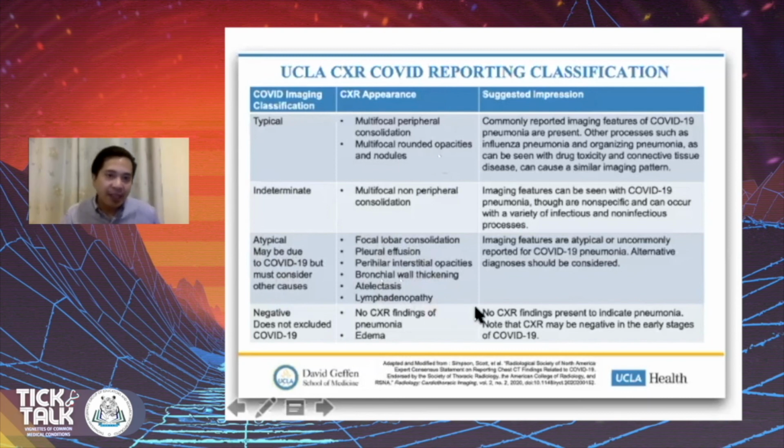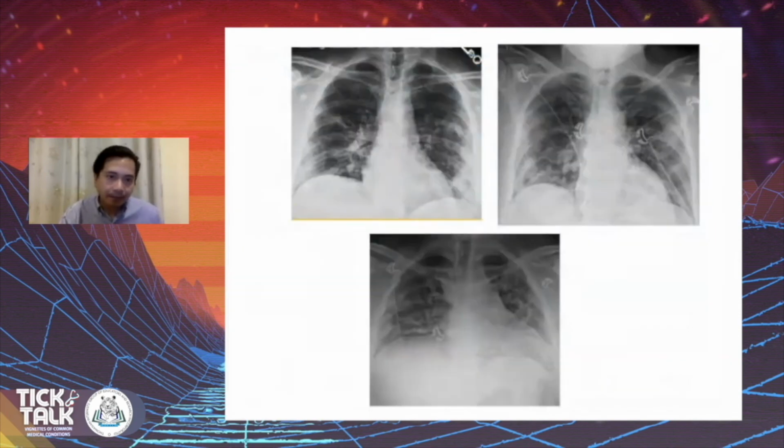But I'm not saying that this cannot be found in COVID, but we consider other problems as well. Okay. So just a common finding in COVID patients, you have bilateral peripheral infiltrates progressing.